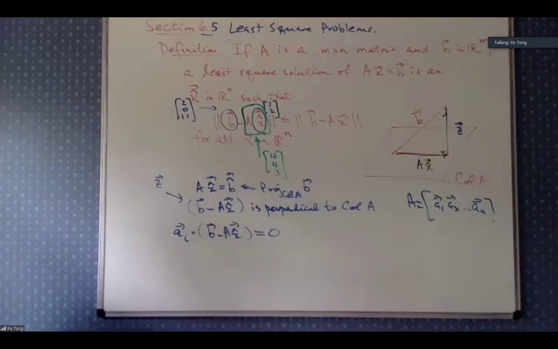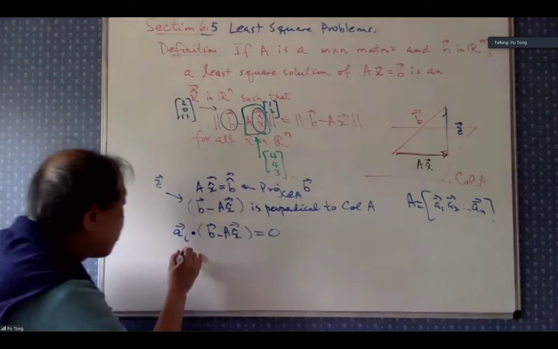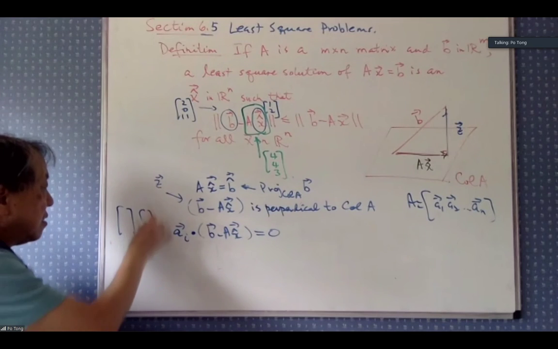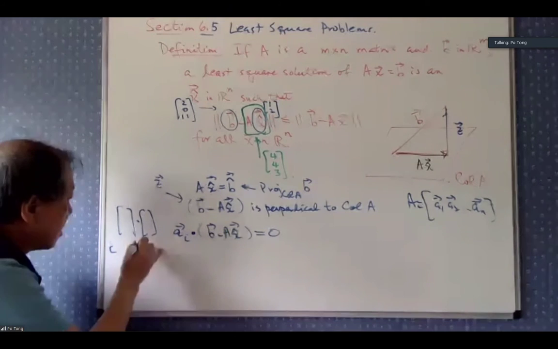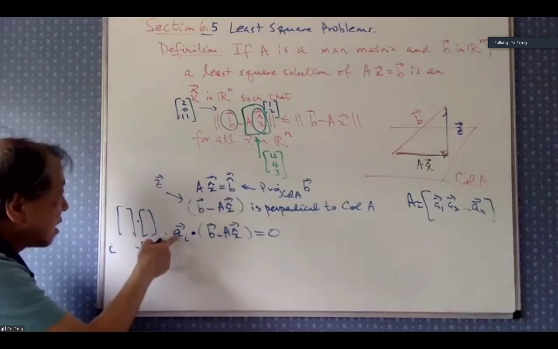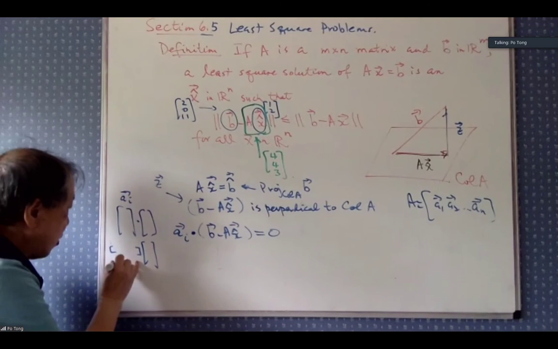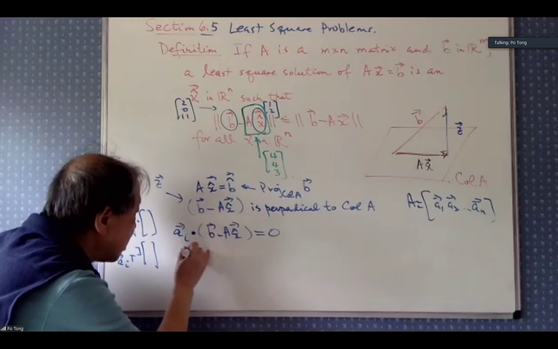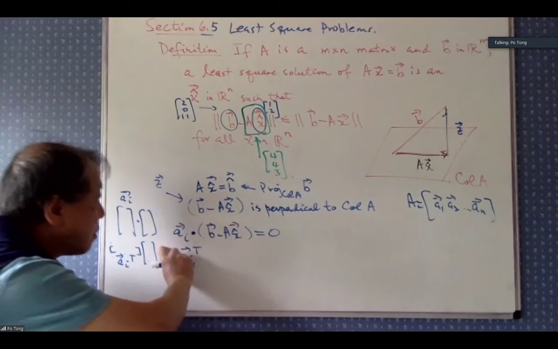I can rewrite the dot product as a matrix product, by taking Ai transpose instead of Ai. So instead of a column, this will become a row.